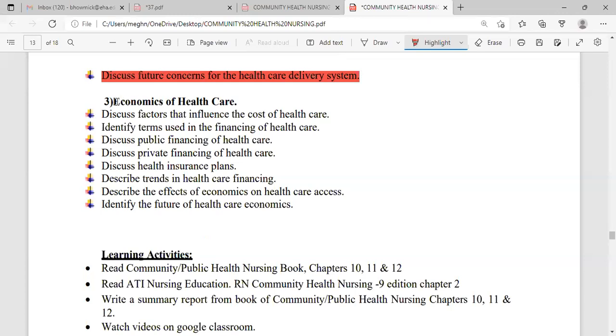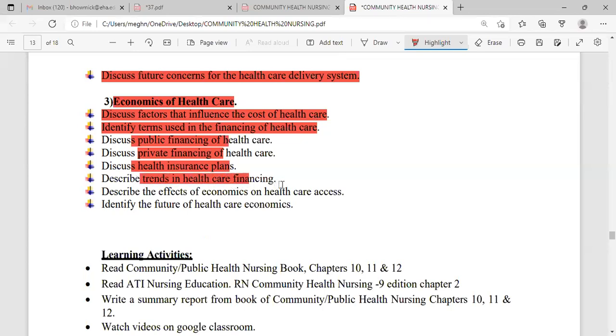So, economy of healthcare. Discuss the factors that influence the cost of healthcare. Identify the issues in financing healthcare. Discuss public financing, private financing, health insurance plans, also healthcare financing.